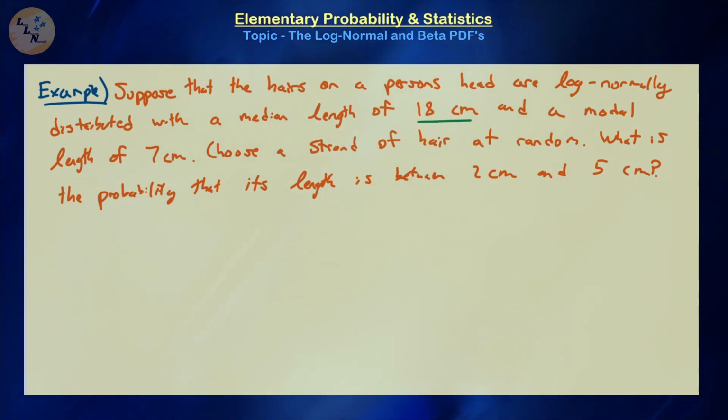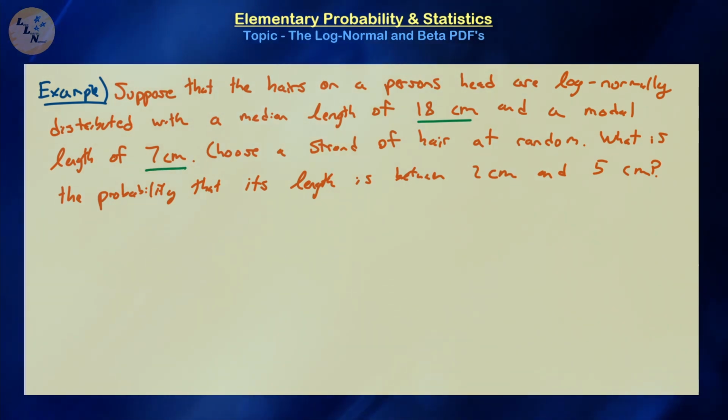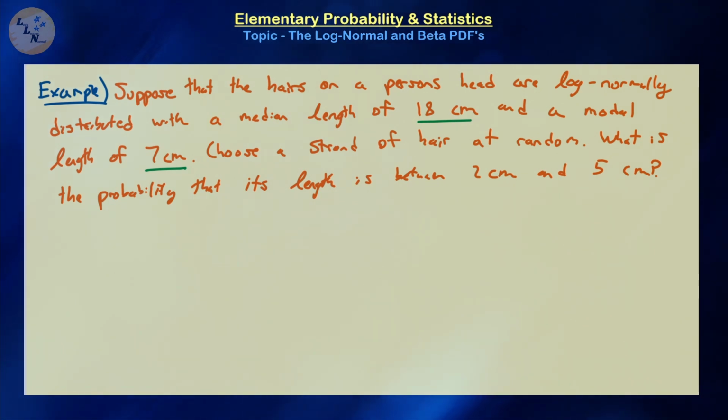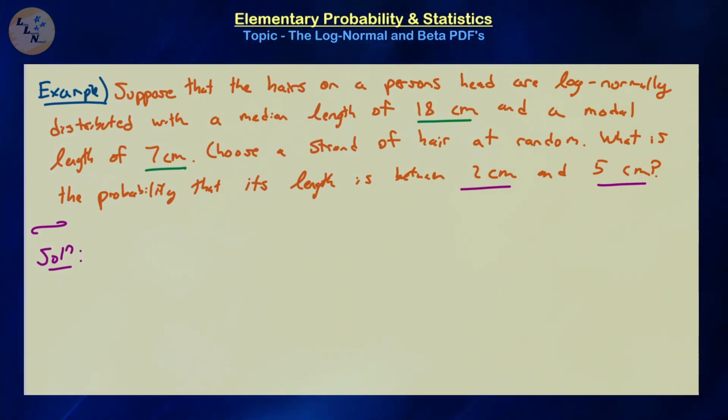Also note that we are assuming that the median is 18 and the mode is 7. Since the median is bigger than the mode, that is also another sign that maybe a log normal distribution is a good model for this. So since those two things check out, now we can go ahead and proceed to estimate the probability that it's between 2 and 5 centimeters.